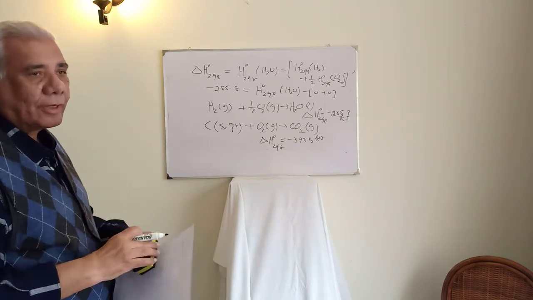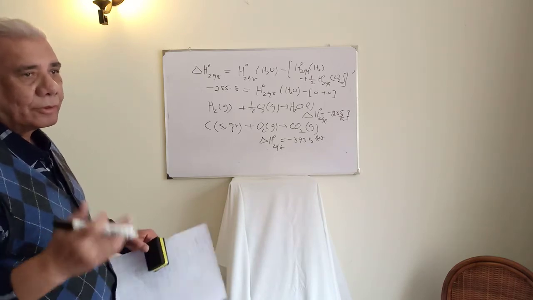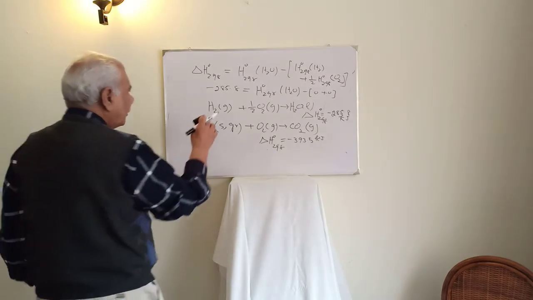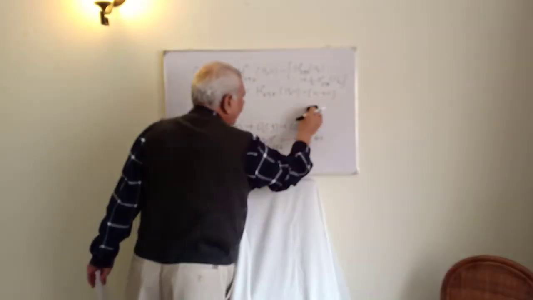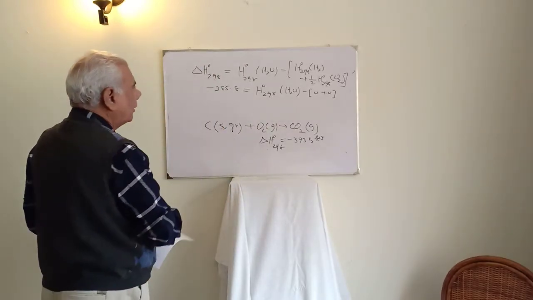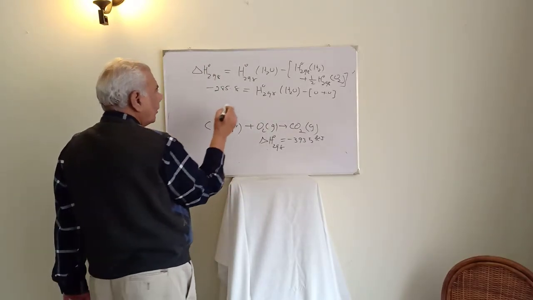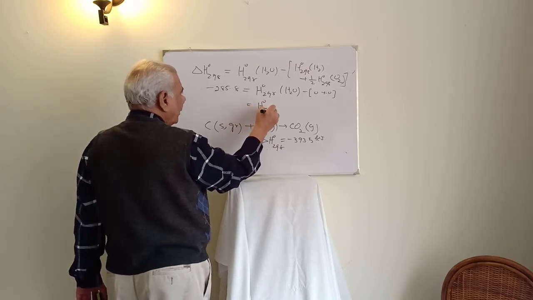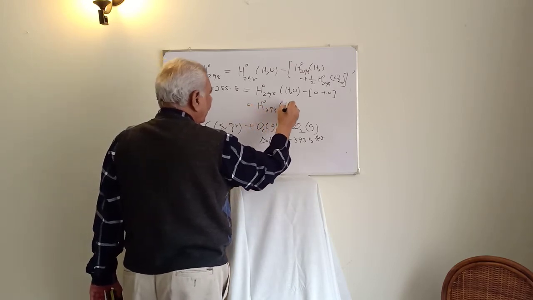The most stable state of hydrogen is H2 and the most stable state of oxygen is O2. So here we can write this is H naught 298 of H2O.